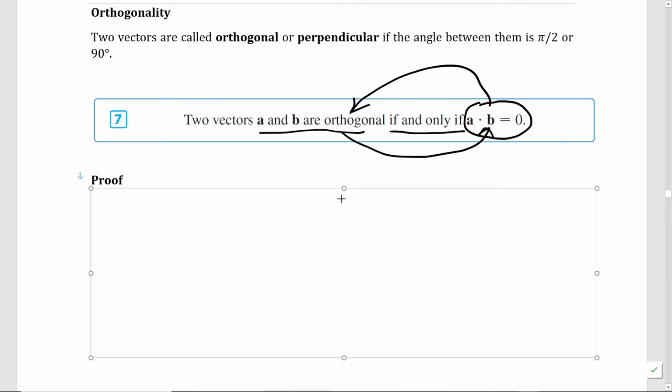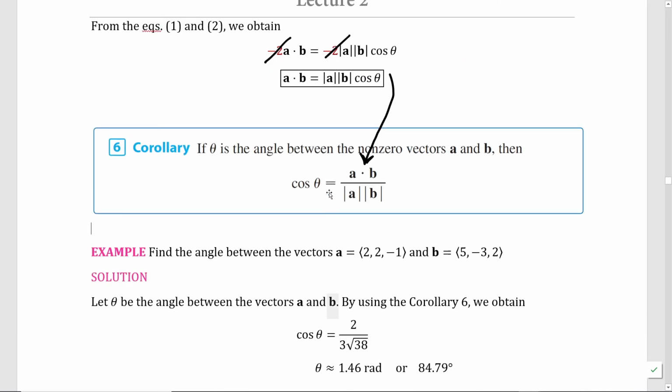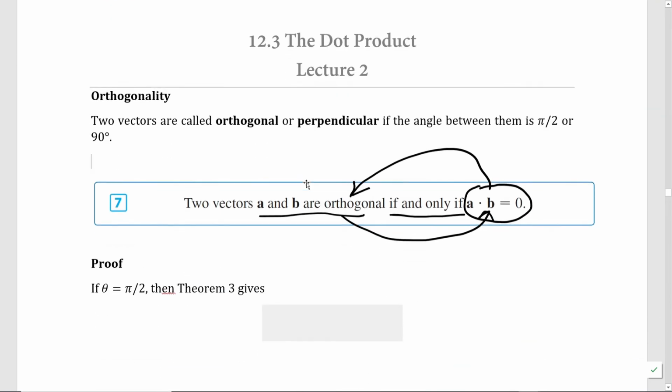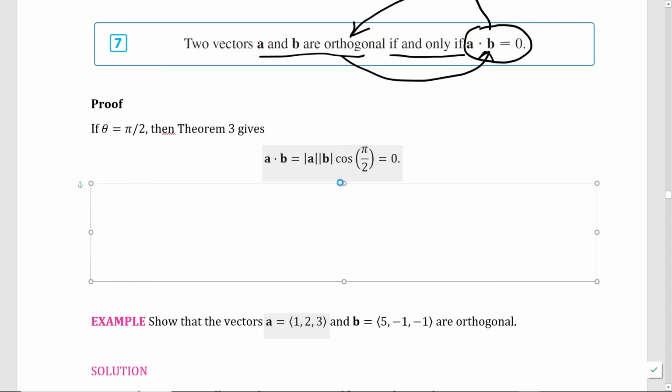Let's see the proof. So let's begin. Let's start by proving the forward direction. If the vectors are orthogonal, then the angle between them is pi over 2. And just by applying the previous corollary, or the theorem, we simply get this equation.